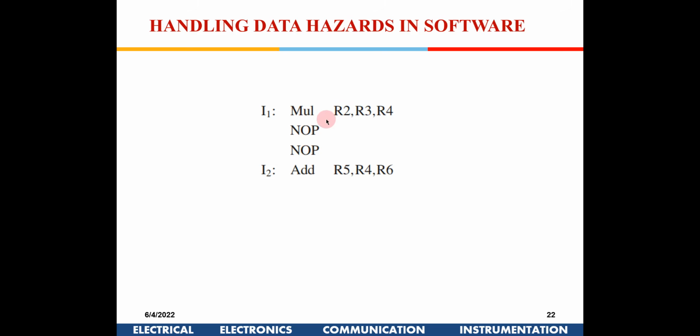If it's a division, or I'm just giving one example, if there is an instruction which requires more than one clock cycle, one microcycle I should say, then you can put that many NOPs in between. So that is one method of handling data hazards.